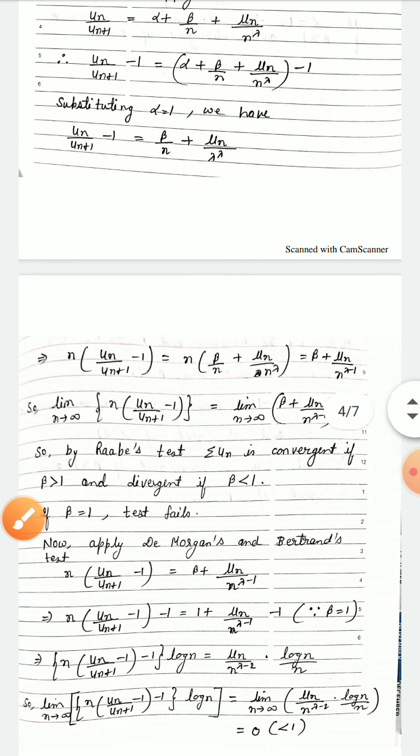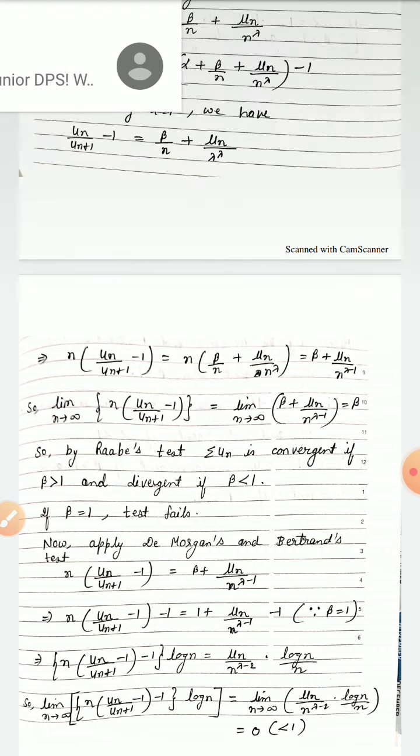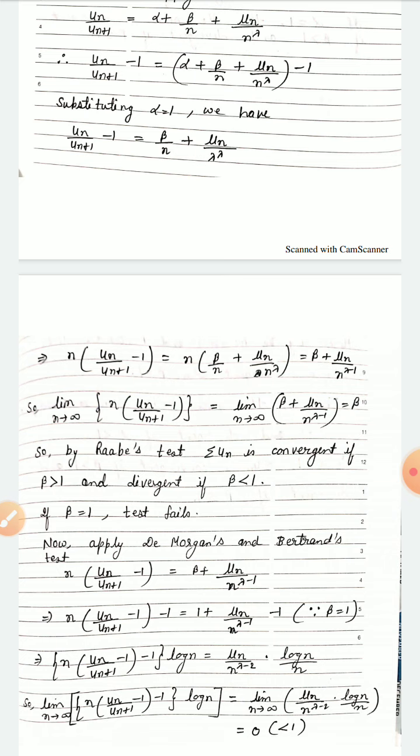So multiplying both sides by n, we will get n times un by un plus 1 minus 1 is equal to n times beta by n plus mu n by n to the power lambda. This is equal to beta plus mu n by n to the power lambda minus 1.